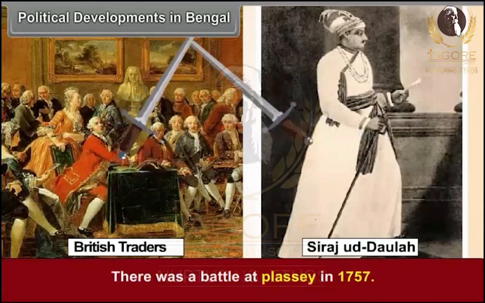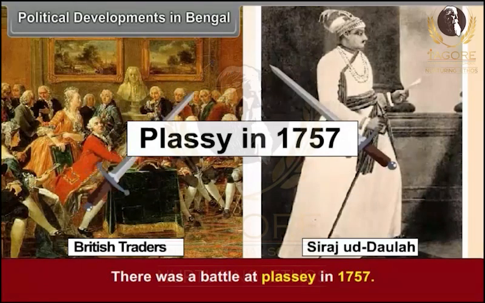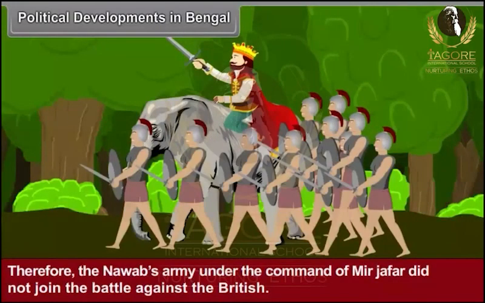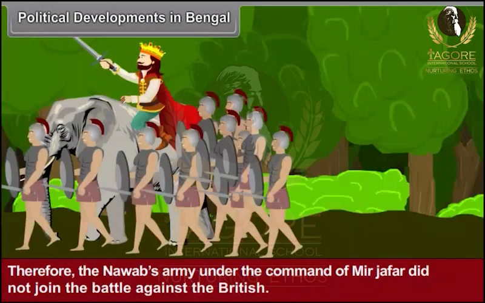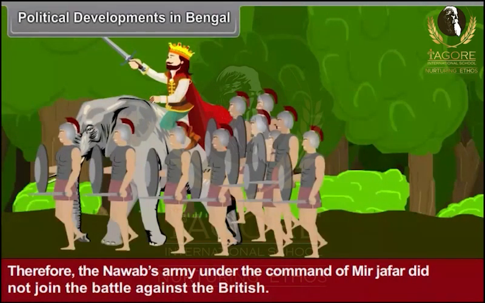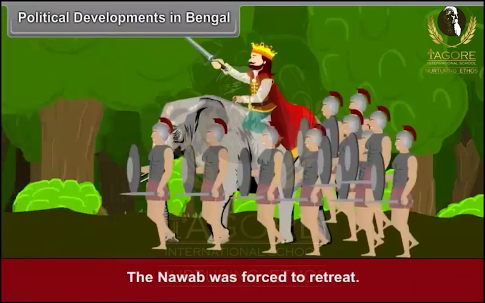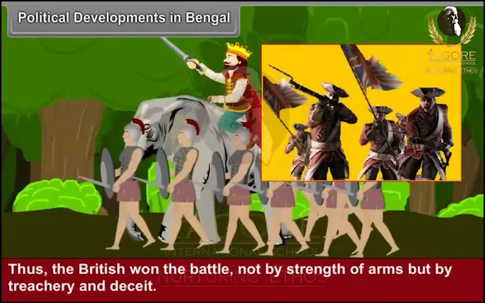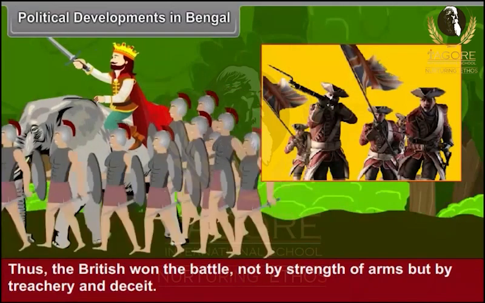There was a battle at Plassey in 1757. The British lured Mir Jafar, a general, to their side by promising to make him the Nawab of Bengal. Therefore, the Nawab's army under the command of Mir Jafar did not join the battle against the British. The Nawab was forced to retreat. Thus, the British won the battle not by strength of arms, but by treachery and deceit.